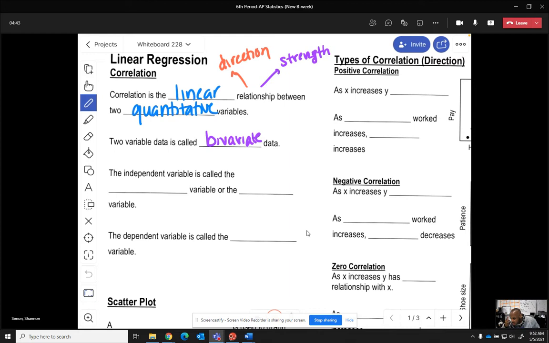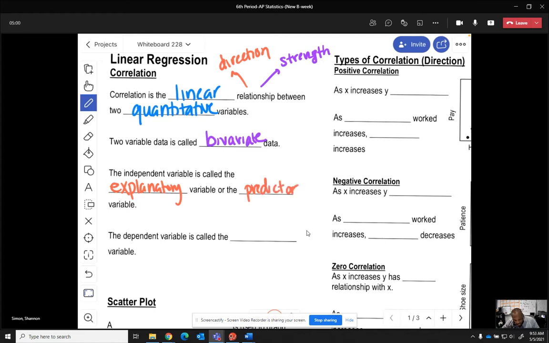Now, when we talk about two variables, we have an independent variable, which in this case we're going to call the explanatory variable, or in linear regression, the predictor, because it's going to predict what happens to your dependent variable.